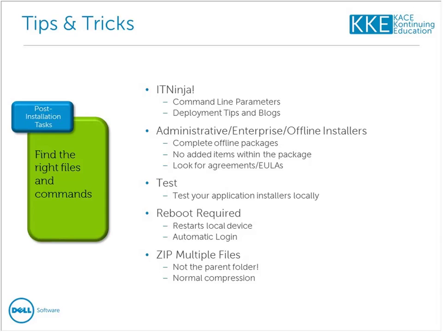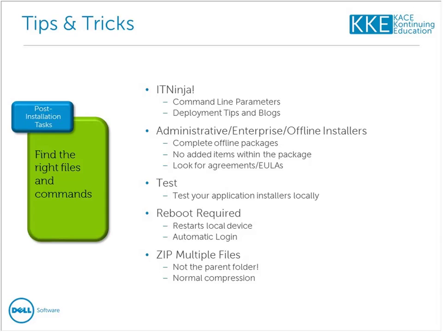The next thing that we want to work with, especially with our post-installation tasks, is you always want to make sure that you are working with what are called administrative, enterprise, or offline installers. These are different versions of software that you can download. Sometimes the vendors will make them easy to find. Sometimes they will not be easy to find.